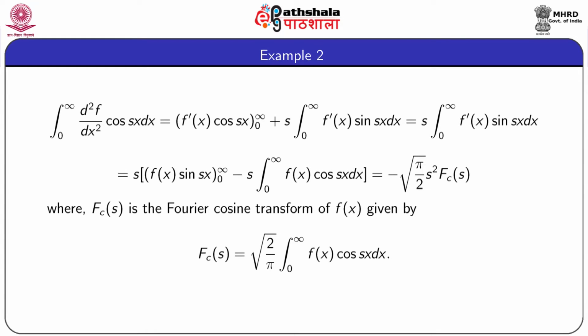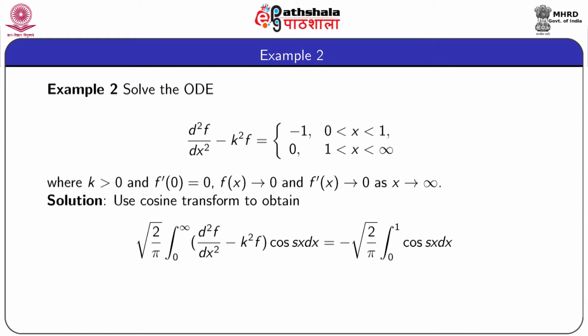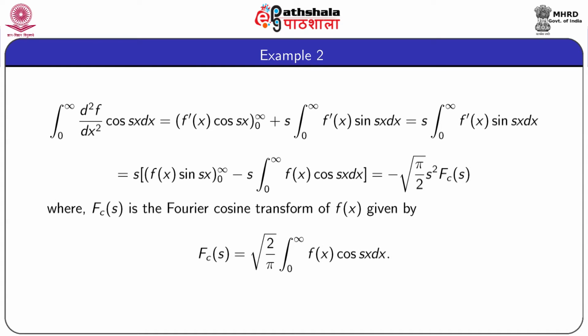So, the first term here becomes 0 as x tends to infinity. At x equal to 0, cos(sx) is 1. So, we need to know f dash at x equal to 0. Since f dash at x equal to 0 is 0, this whole term becomes 0.